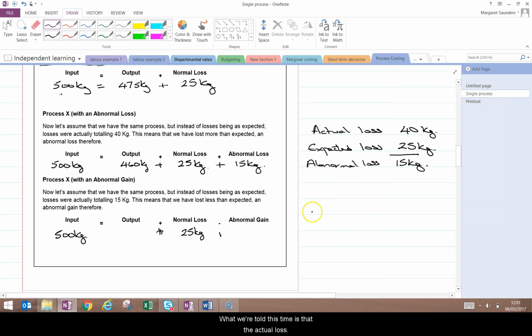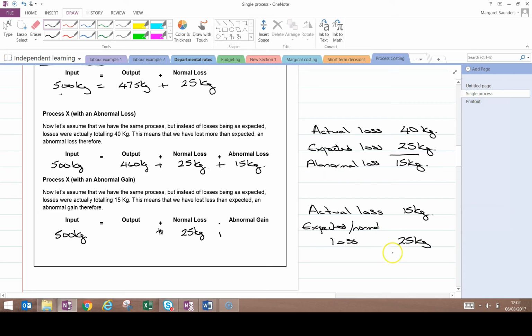What we're told this time is that the actual loss is 15 kilos. The expected, or your normal loss, is 25 kilos. So we've actually gained 10 kilos.